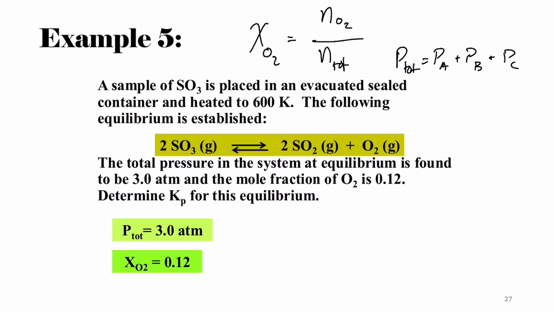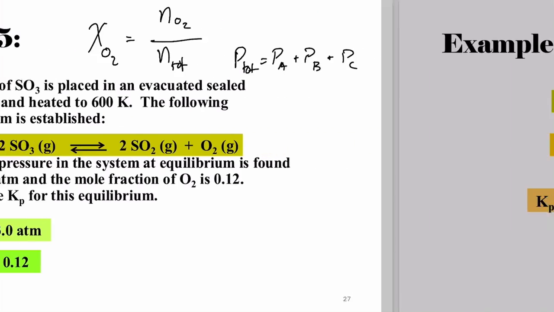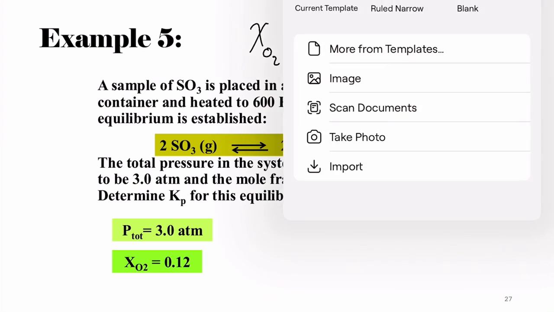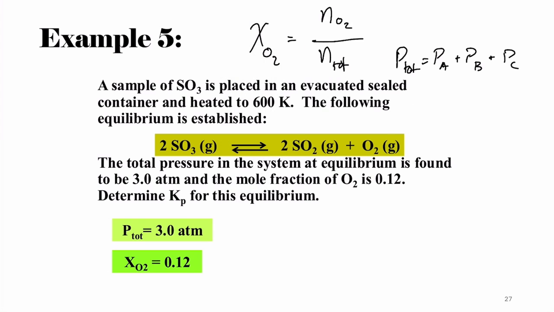And so we have to think, okay, the total pressures have to add up here. P total is equal to P SO2 plus P O2 plus P SO3, right?